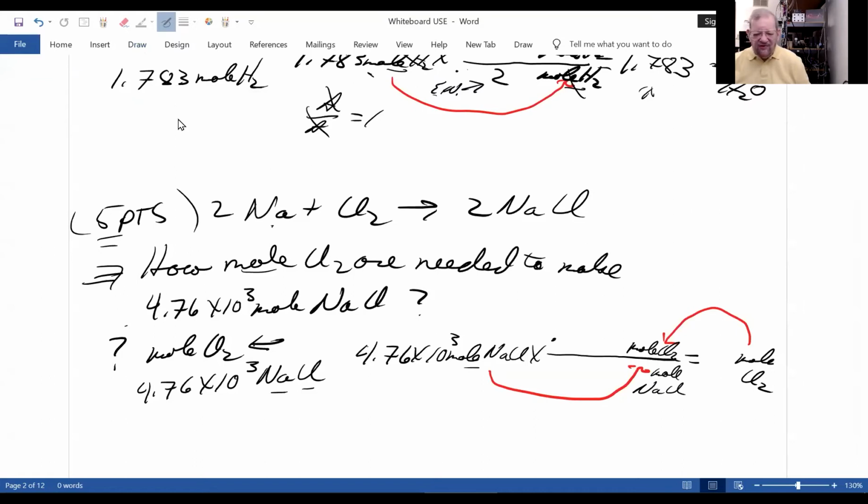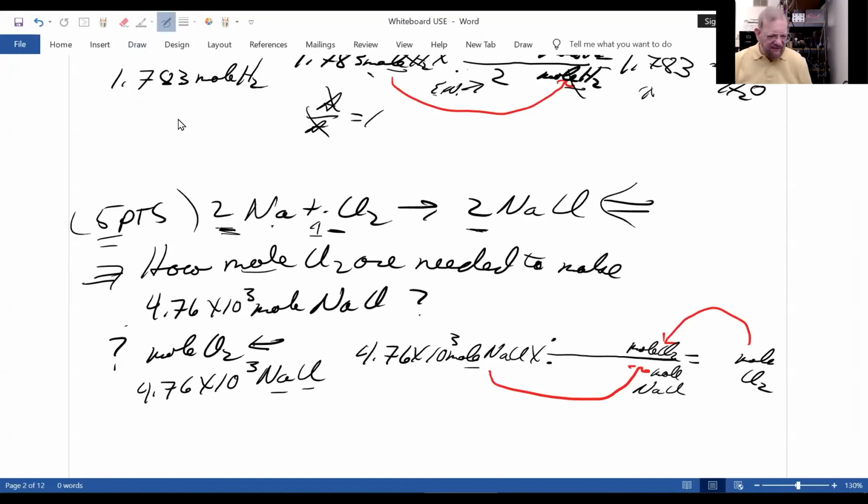And where do we get these numbers? From the balanced chemical equation. Remember, the coefficients tell us molar amounts or relationships. Every 2 moles of sodium react, when there's no number there, it's the number 1, mole of chlorine to make 2 moles of sodium chloride.